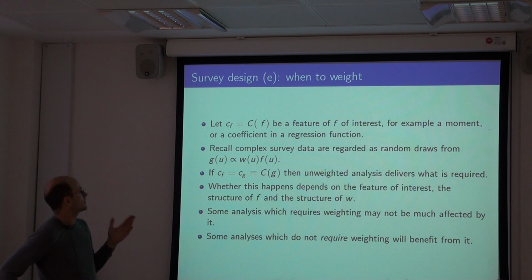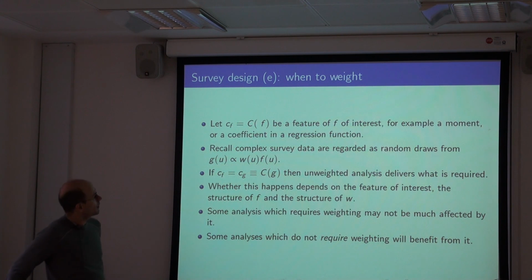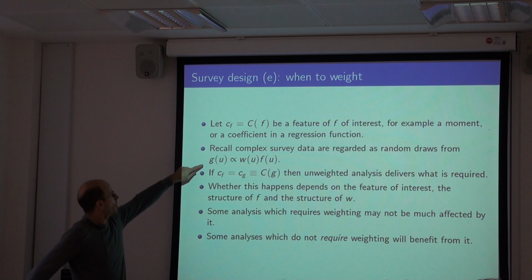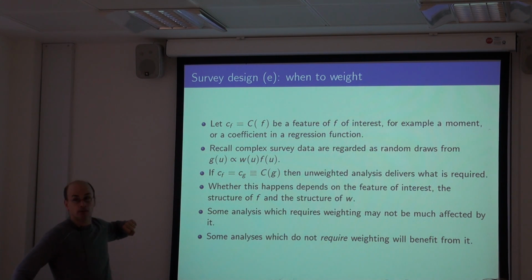So here's, suppose F again is the density of the population distribution that we're looking to know. We don't know F, we want to estimate F. We have data on G because the probability things are sampled is not strictly random.